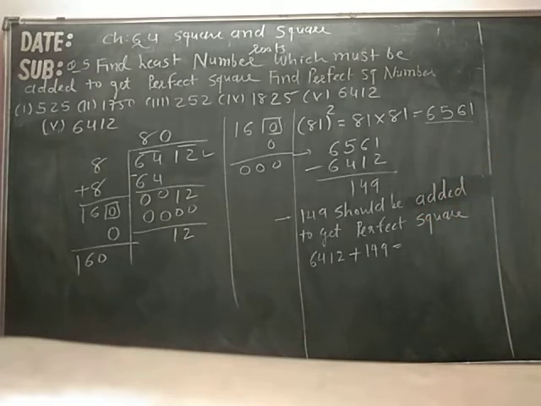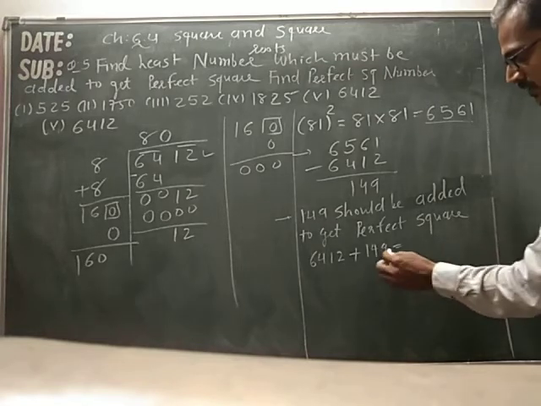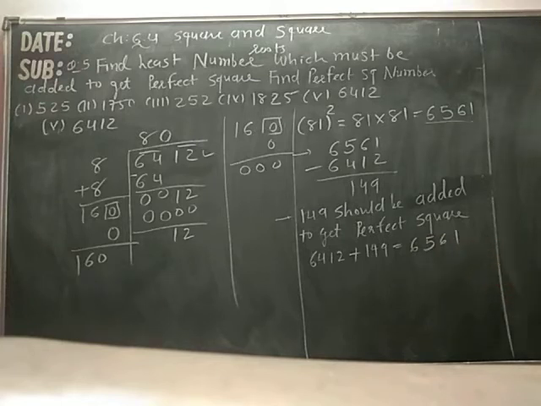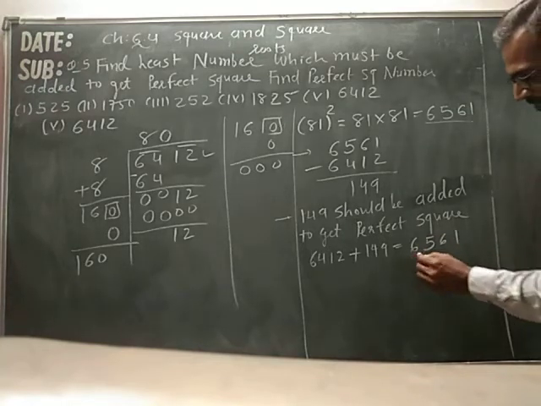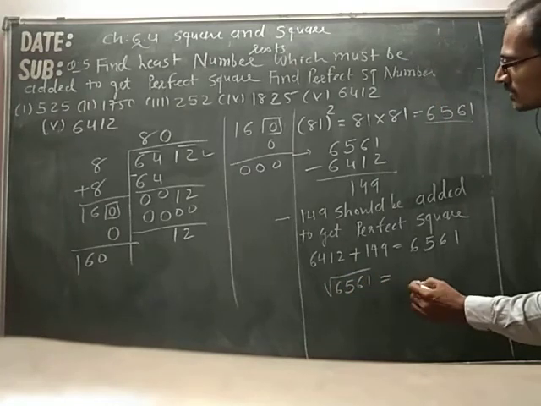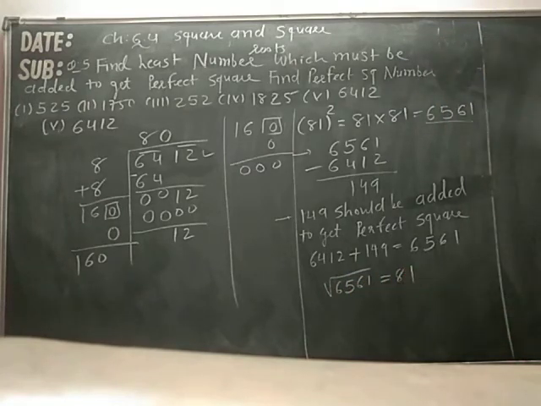Okay, so it will be 6561. So it is a perfect square. The square root of 6561 will be 81.